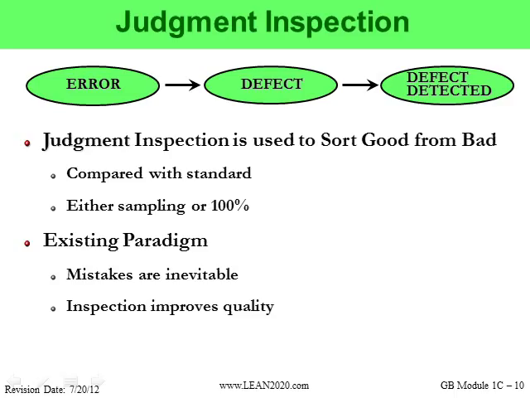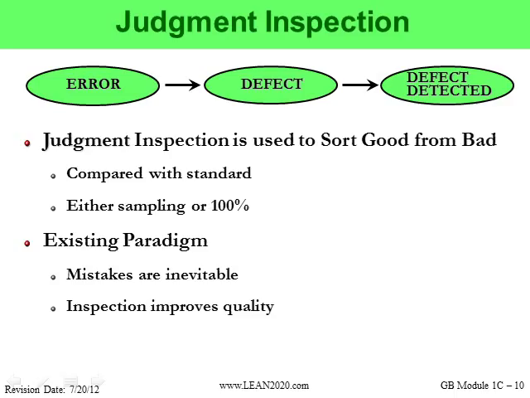So one of the things that we want to keep in mind is that within our processes, there are going to be some defects that are going to be made, and if there's ways for us to prevent that from happening, then we certainly want to employ error-proofing devices as we can. So inspection, the note here, inspection improves quality.